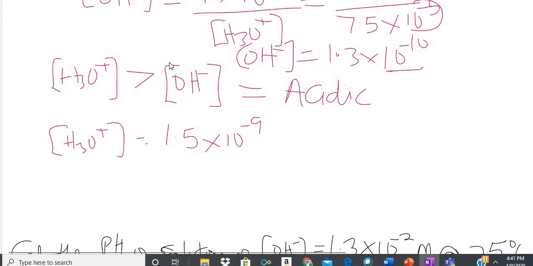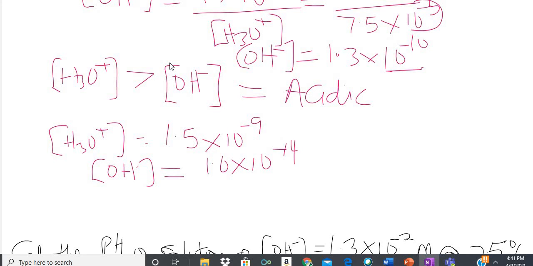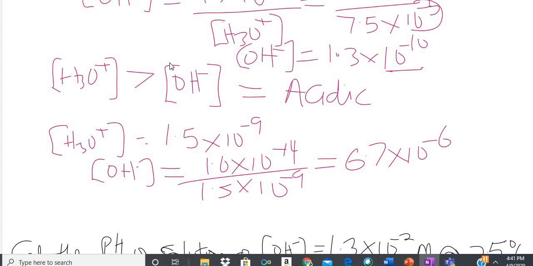So again, we're going to use the Kw of water, which gives us our OH concentration to be 1.0 times 10 to negative 14 divided by 1.5 times 10 to negative 9. And when we plug this into the calculator, it's going to give us 6.7 times 10 to negative 6.